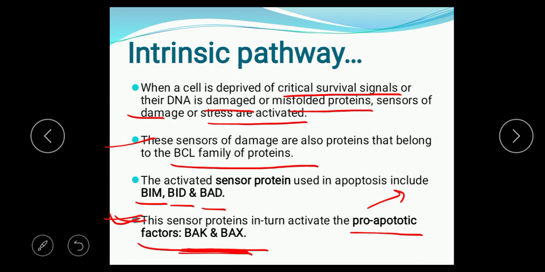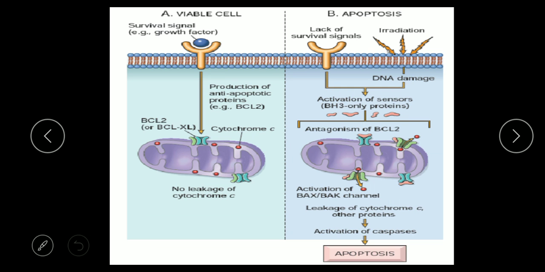They will create pores in the mitochondrial membrane, and out of them cytochrome C will escape. Cytochrome C will come out into the cytosol, and the further process of apoptosis will take place. Okay guys, this is the idea, this is the concept. Okay, now let's move on. So here you can now compare when and why it happens.